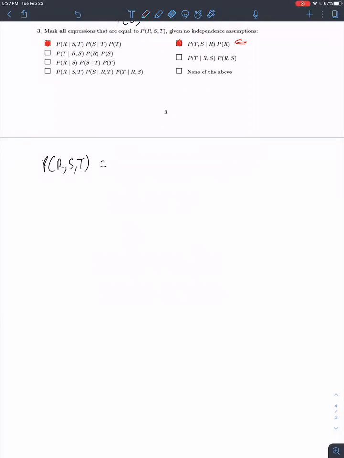Next one. This is also just the chain rule, except we're doing it with this variable R comma S that you might think of as two different variables.